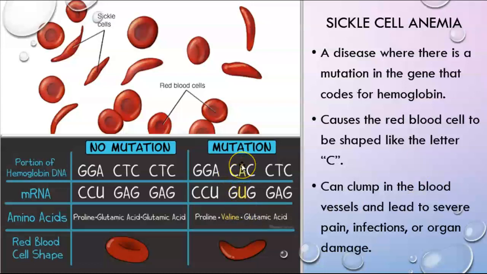But what ended up happening in the mutated DNA is that instead of the codon CTC, it was CAC, and the mistake is that valine is the amino acid that matches the mRNA codon for GUG. And instead of glutamic acid, you get valine. And that's what causes one little change in a nucleic acid sequence to cause an entire change in the red blood cell structure. And again, those cause a lot of health problems.